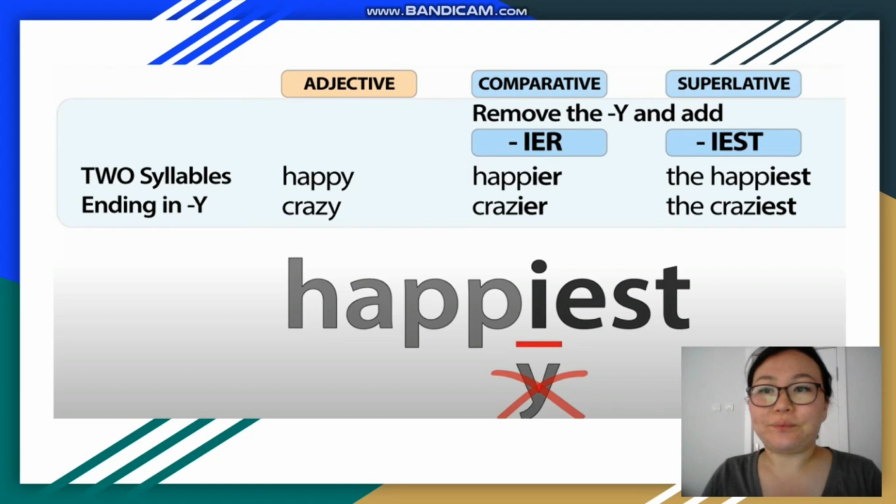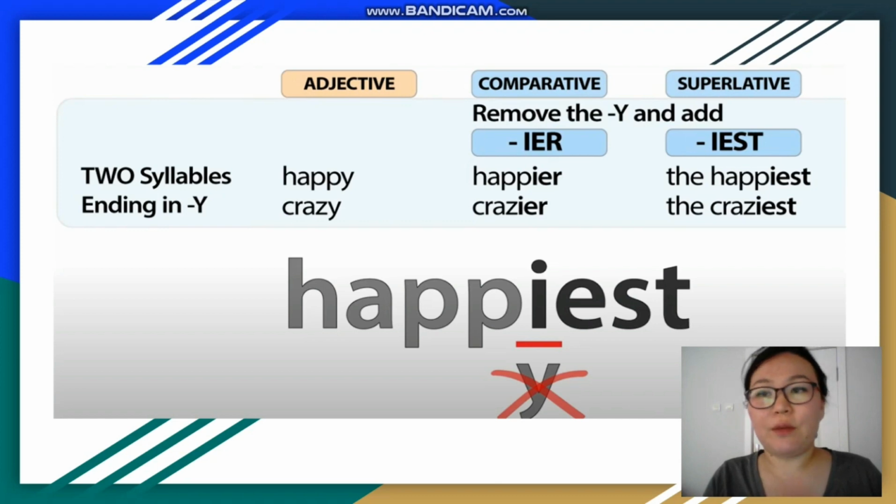Next, if the adjective has two syllables ending in Y, like happy and crazy, we remove the Y and add ier for the comparative.